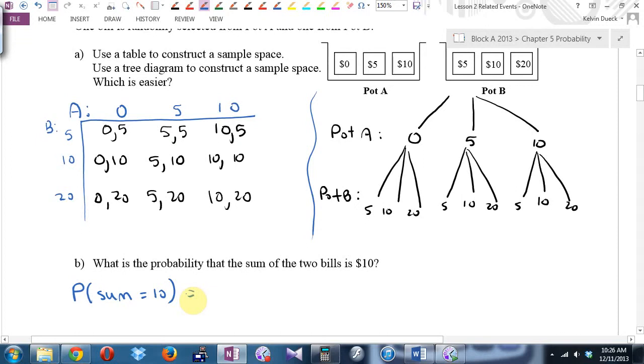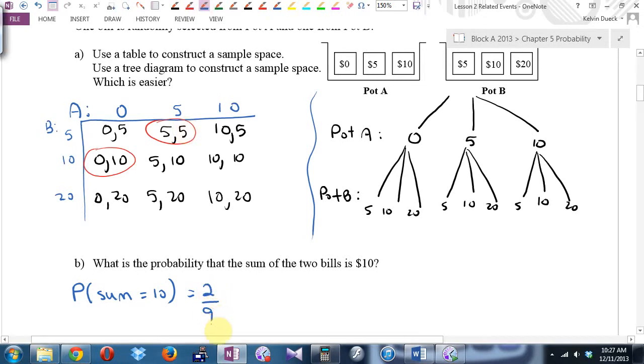With your pencil, circle in the sample space in the table which ones add to 10. That one. That one. Oh, I think that's it. Yes? What's the probability? 2 out of? Yes.